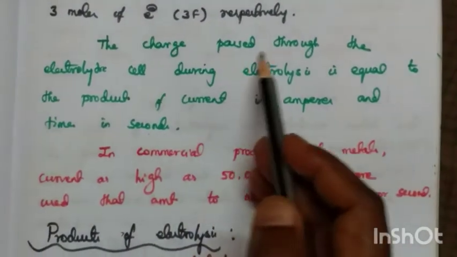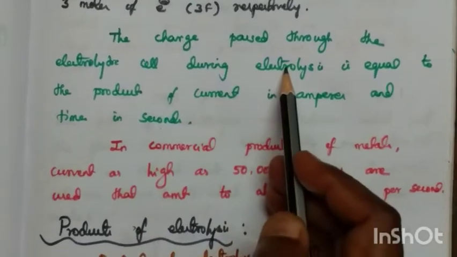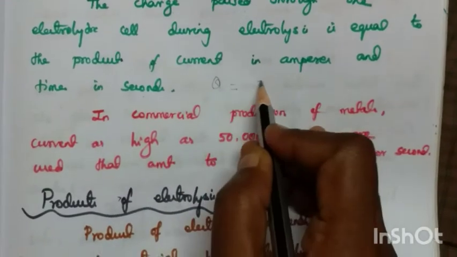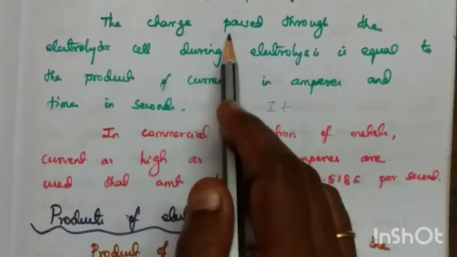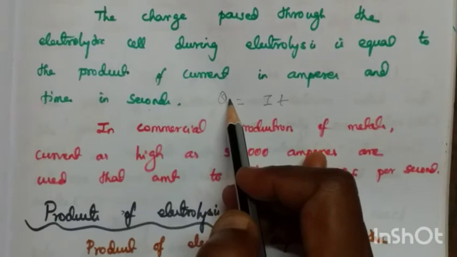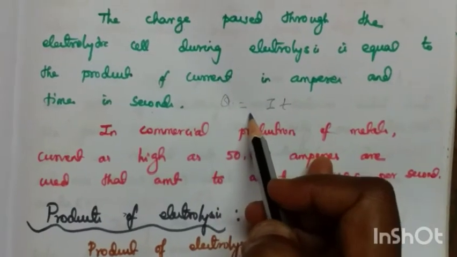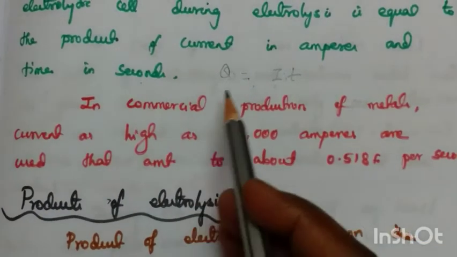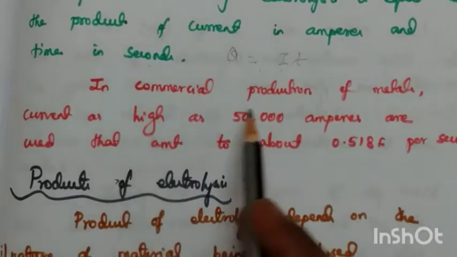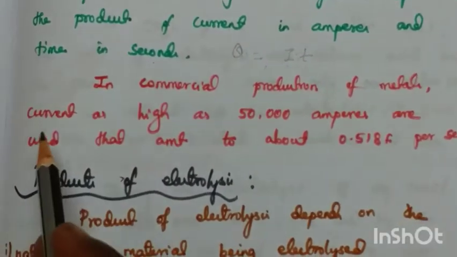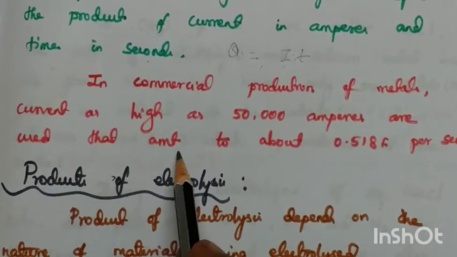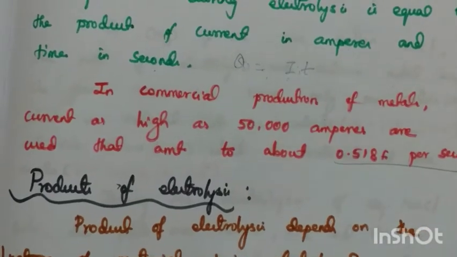The charge passed through the electrolytic cell during electrolysis is equal to the product of current in ampere and time, that is Q is equal to I into t. In commercial production of metals, currents as high as 50 amperes are used.